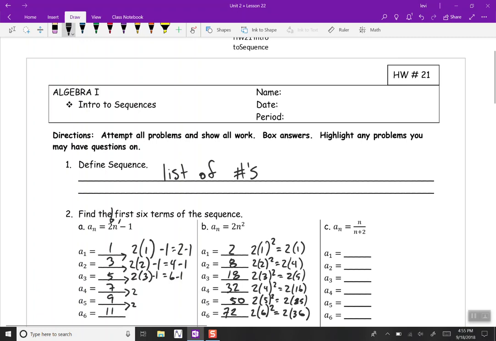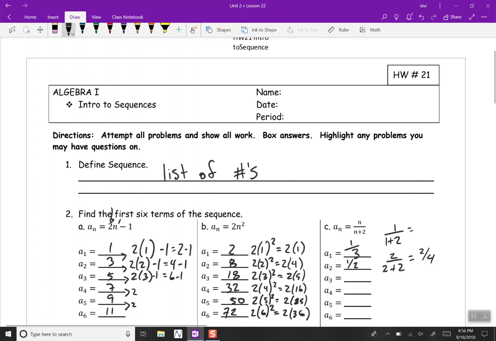Our next one, n over n plus 2, so this is going to be 1 over 1 plus 2, or 1 over 3. Next one would be 2 over 2 plus 2, or 2/4, not 1/2.